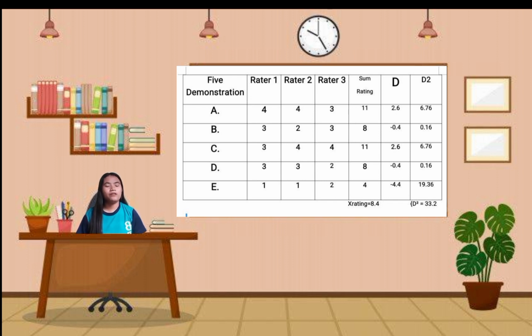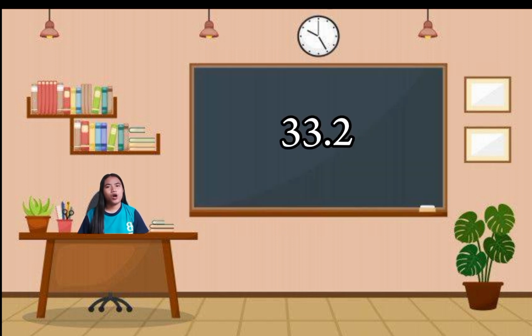Negative 4.4 times negative 4.4 is equals to 19.36. Now, we are going to add all the D squared. So, 6.76 plus 0.16 plus 6.76 plus 0.16 plus 19.36 is equals to 33.2.